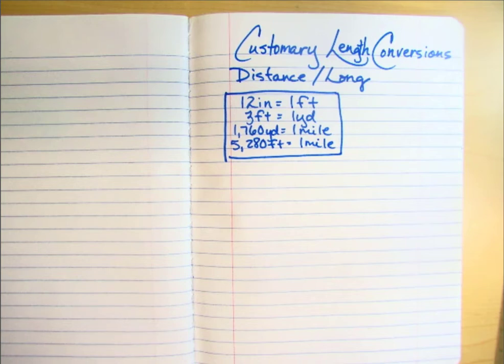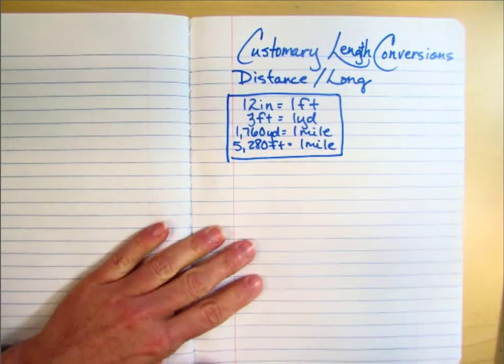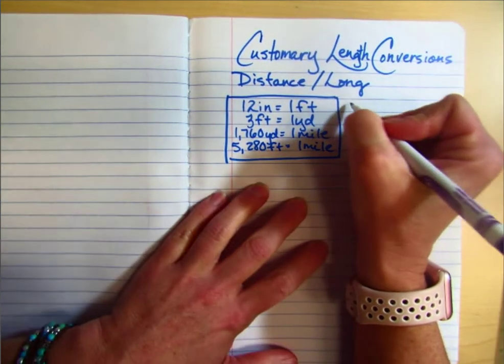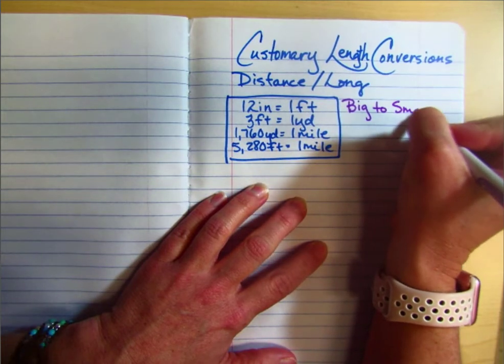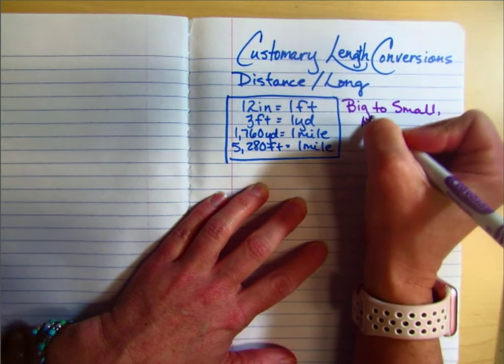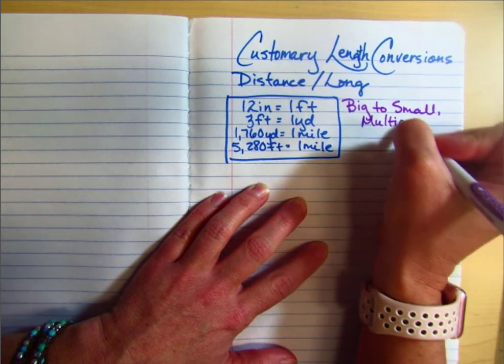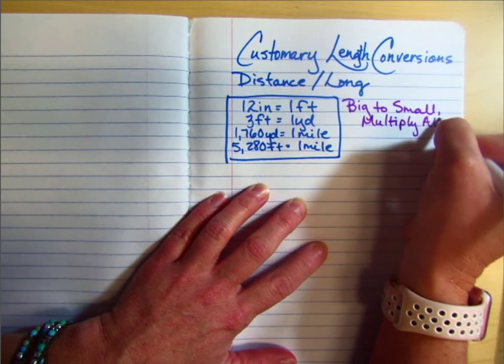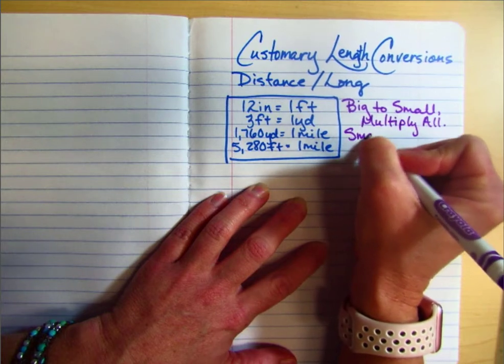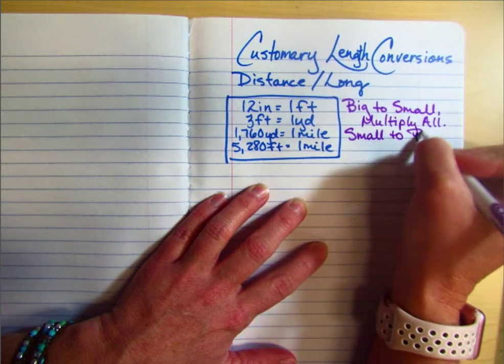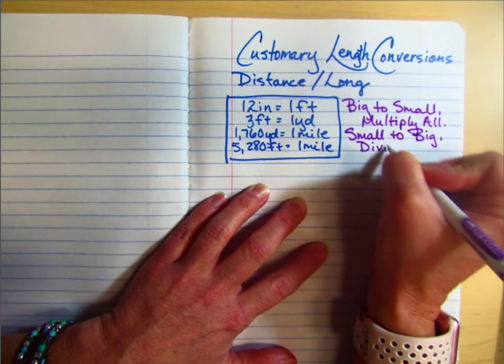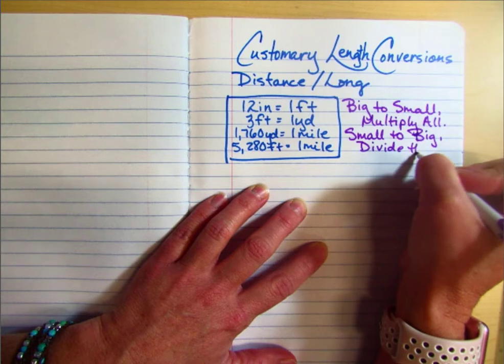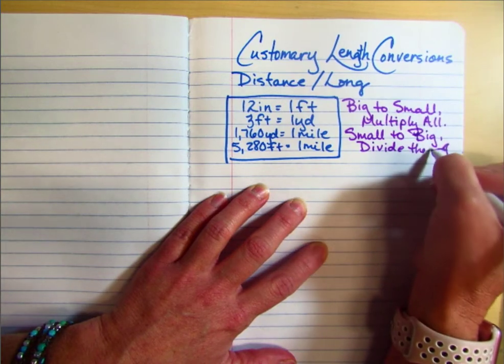There's a little rhyme that we use for all these conversion problems. It's silly, but I promise it works. And that's big to small, multiply all, small to big, divide the pig.